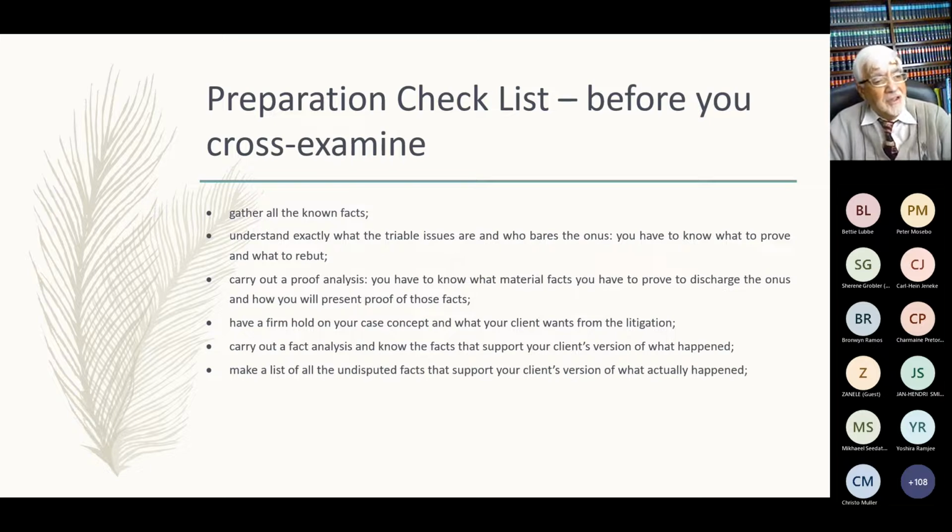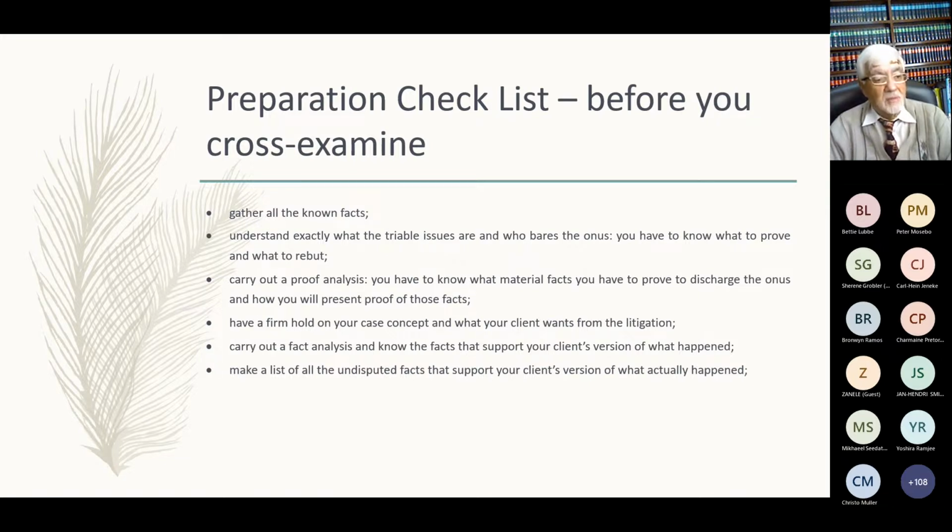Now, here's the preparation checklist. These checklists are vital. You must know all the known facts. You must know the triable issue and who bears the onus. You must know what to prove and what to rebut. Do a proof analysis.